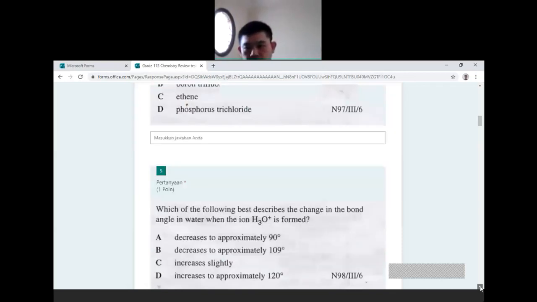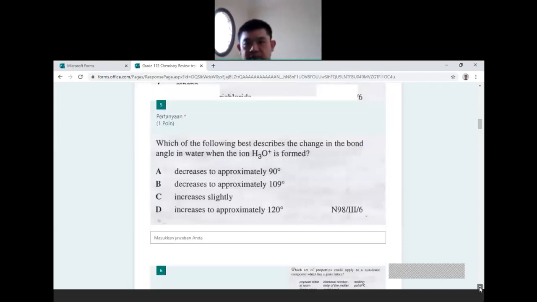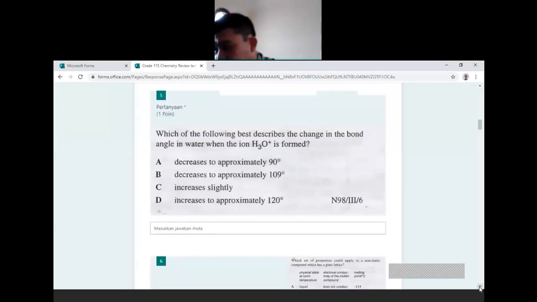And then this one, number 5. Which of the following describes the change in the bond angle in water when the hydroxonium ion is formed? We know the hydroxonium ion forms when water accepts a proton.